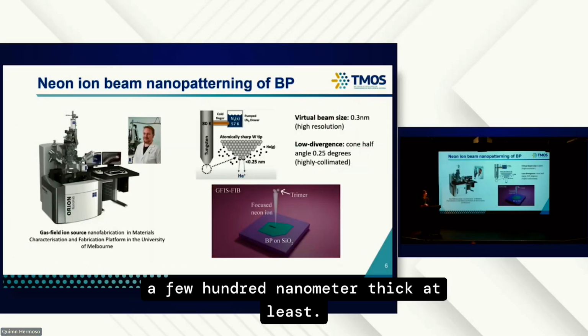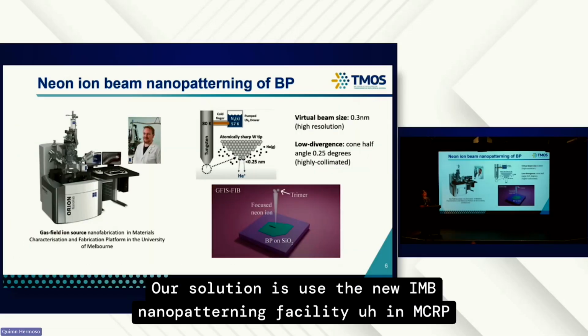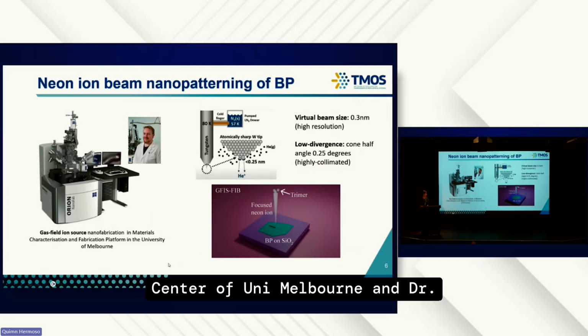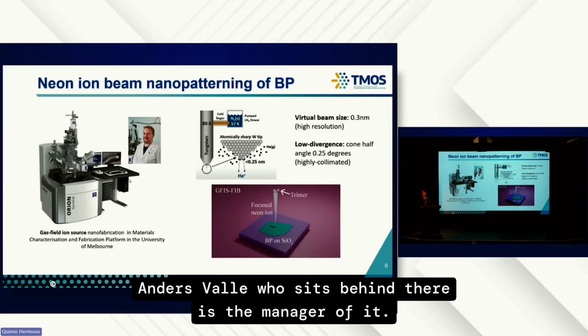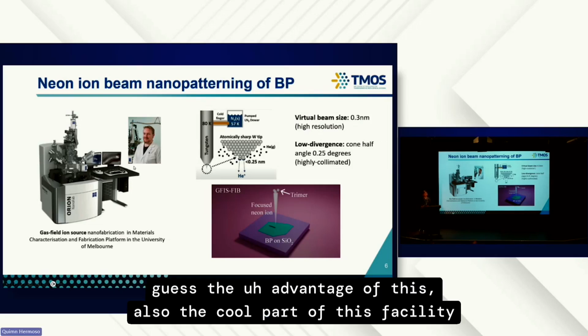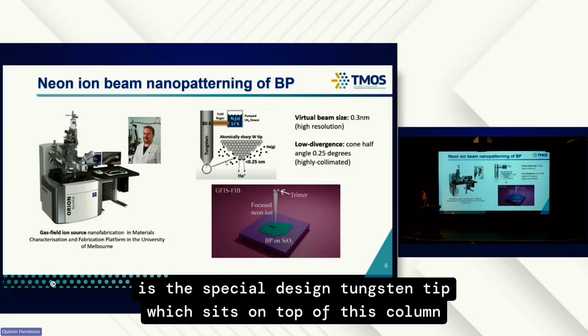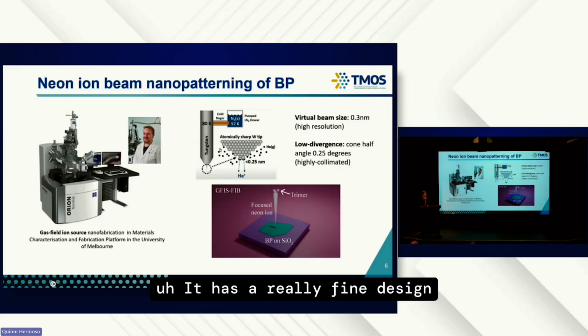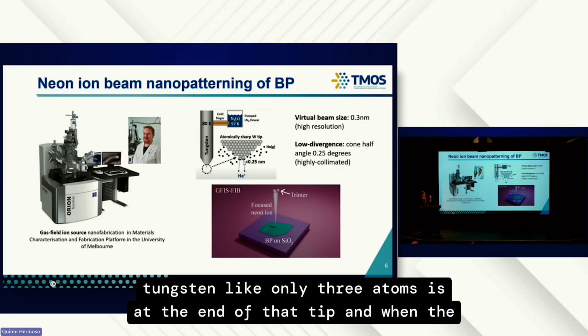Our solution is to use the neon ion beam nanopatterning facility in the MCFP Center of Uni Melbourne. And Dr. Anders Vallo, who sits behind there, is the manager of it. The cool part of this facility is the specially designed tungsten tip, which sits on top of this column here. It has a really fine design, with only 3 atoms at the end of that tip.